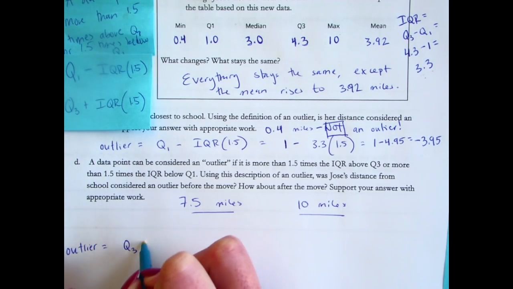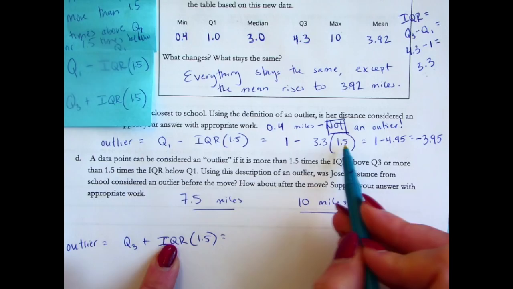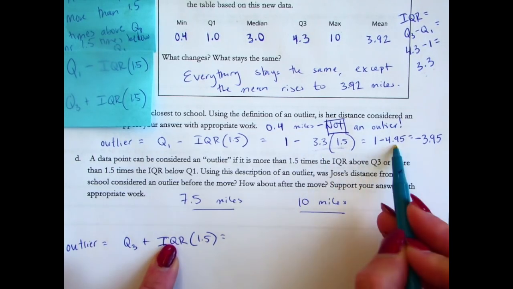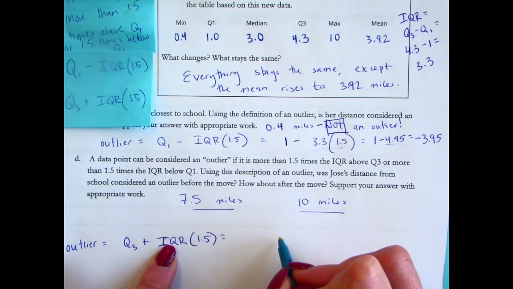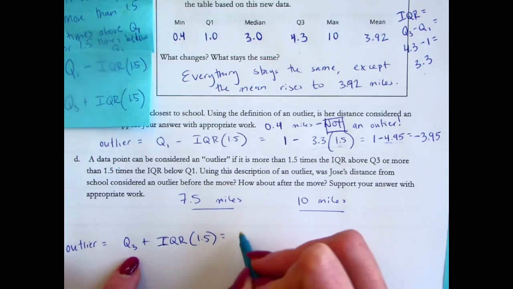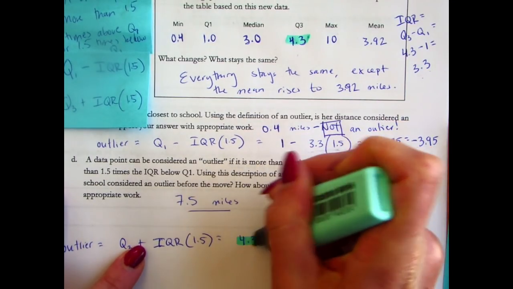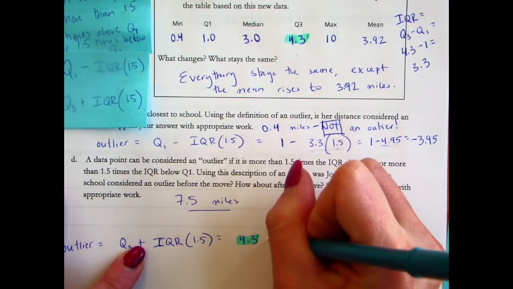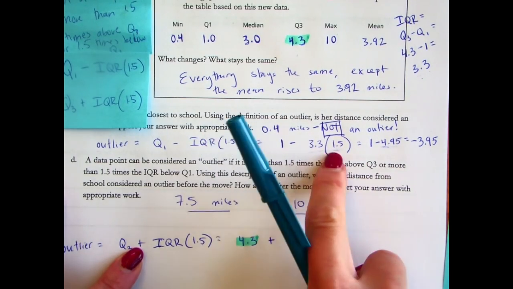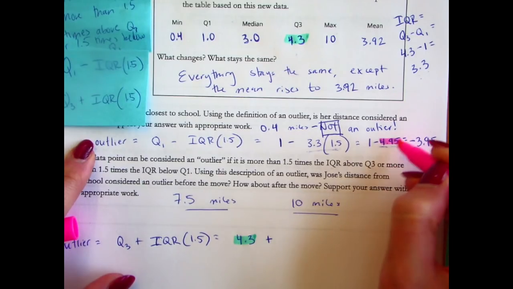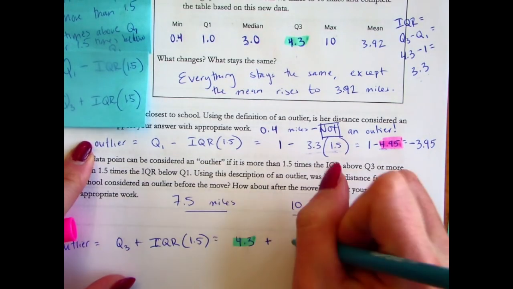4.3 plus 4.95 is 9.25. Okay, so anything greater than 9.25 would be considered an outlier, mathematically speaking.